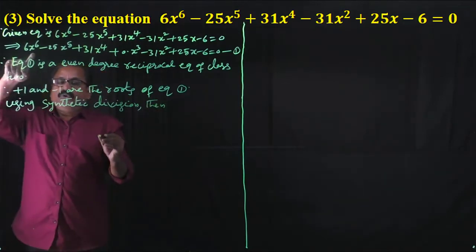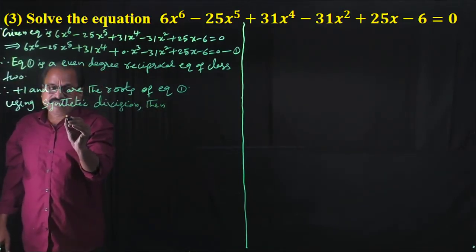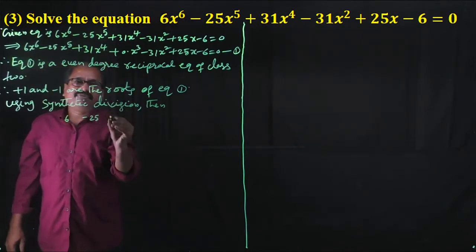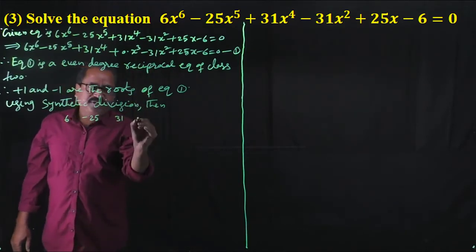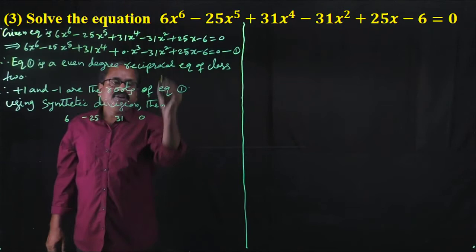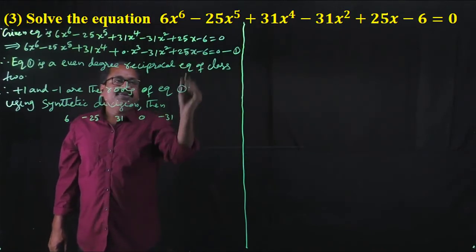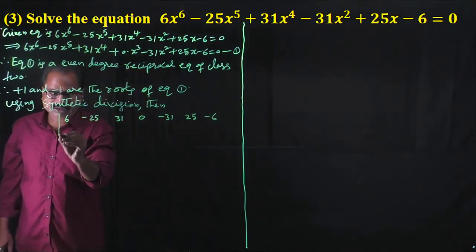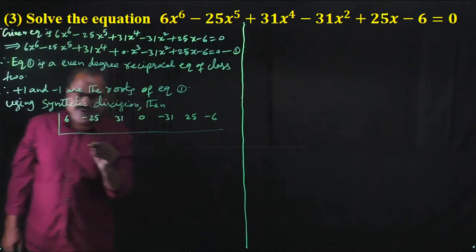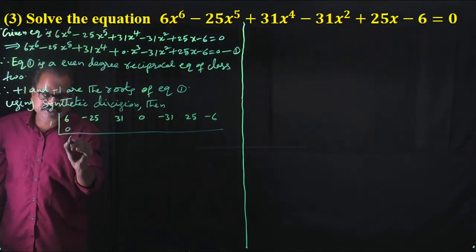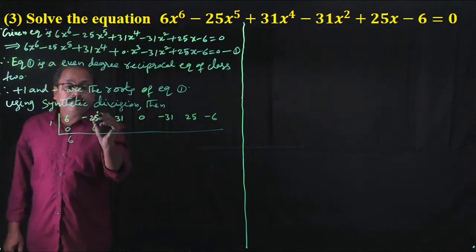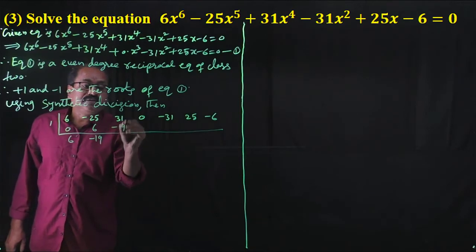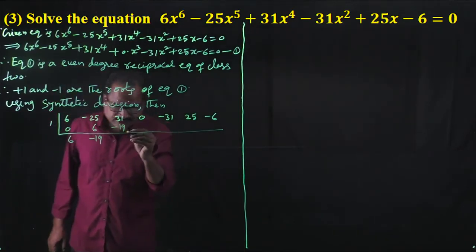here the coefficient of x power 6 is 6, coefficient of x power 5 is minus 25, coefficient of x power 4 is 31, coefficient of x cube is 0, coefficient of x square is minus 31, coefficient of x is 25 and constant is minus 6. Take 1: bring down 6, 1 into 6 is 6, minus 25 plus 6 is minus 19, 1 into minus 19 is minus 19.